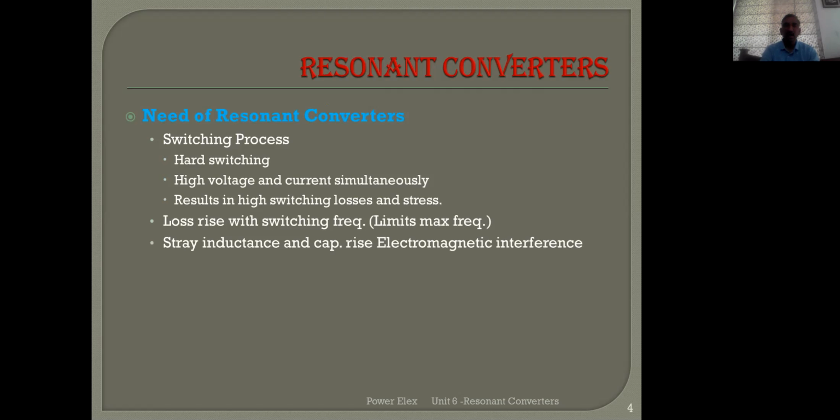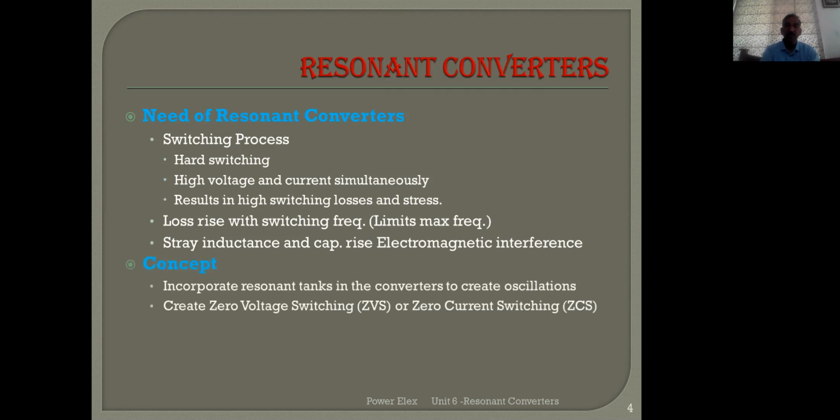Switching losses are maximum, and if the frequency of switching is increased, naturally the switching loss will increase, and it goes to a considerable amount, rather a good percentage of the total loss is contributed by the switching loss. As well, during these switching processes, the stray inductances and capacitances raise EMI, which we'll see later in this lecture. This electromagnetic interference causes another adverse effect, which is more severe than switching.